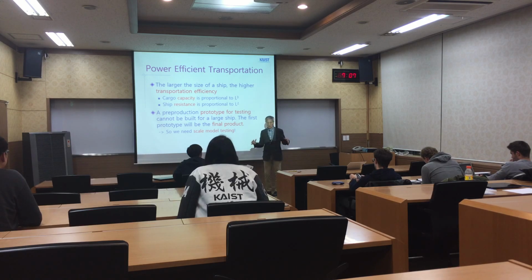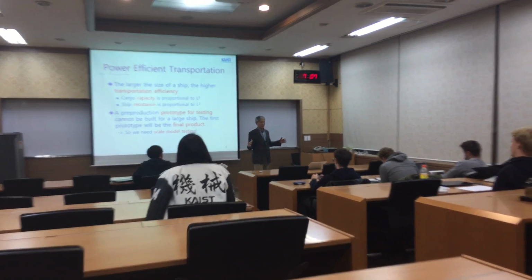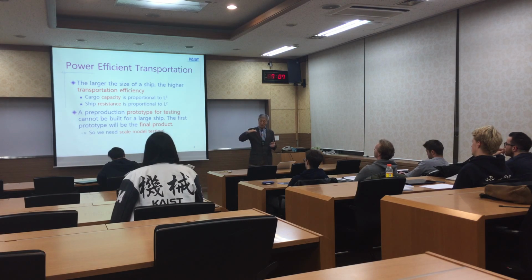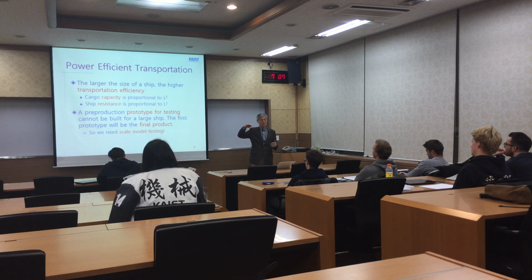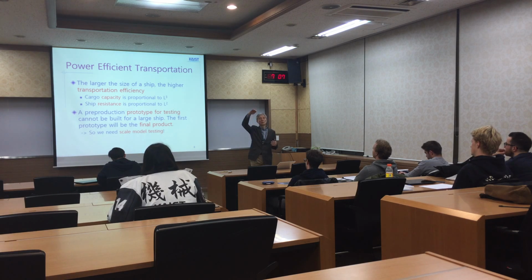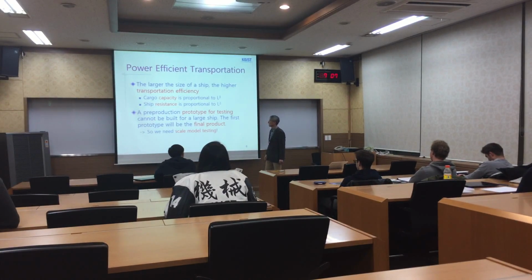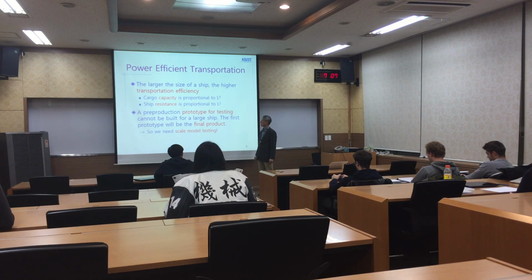That's why, with bigger ships, more tons, the resistance increases. Still, resistance is increasing, but the increase of volume or capacity is much faster than resistance. That's why transportation efficiency is higher for big ships or big transportation.